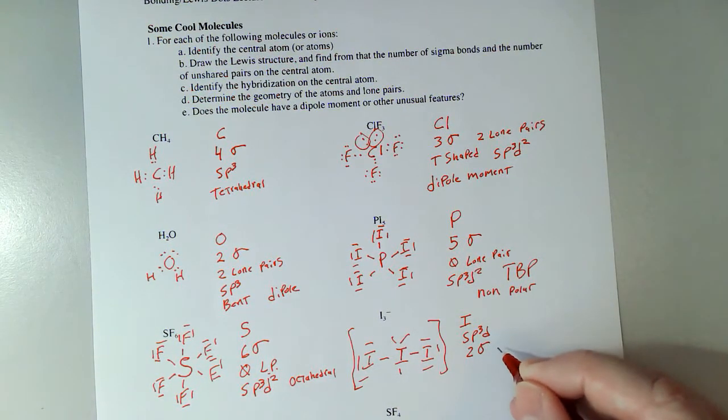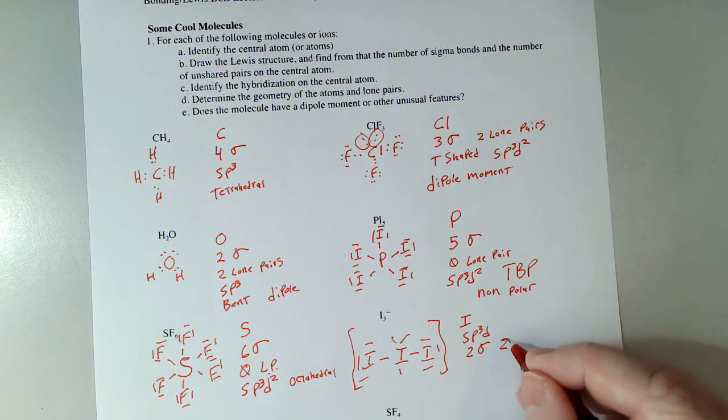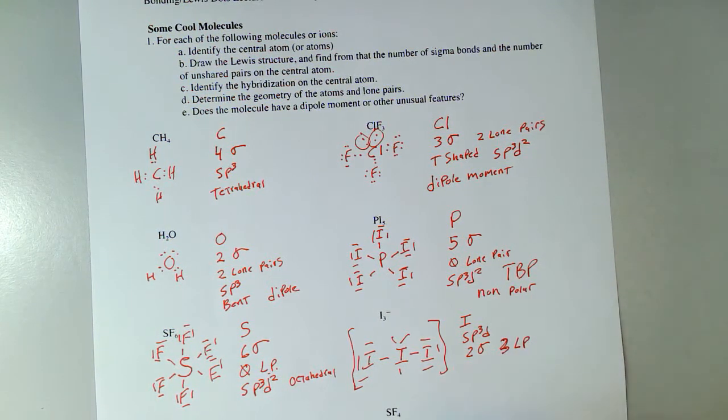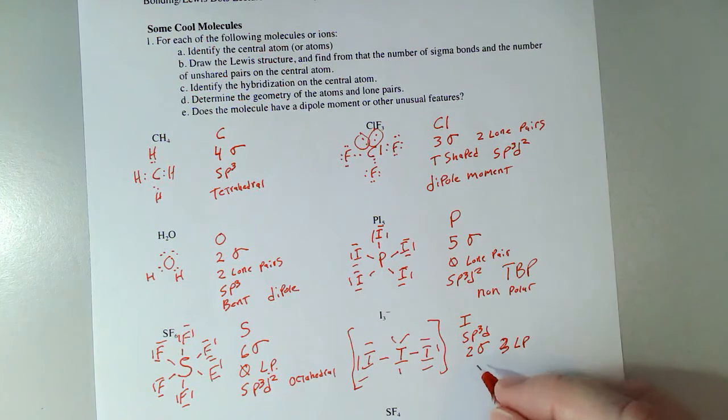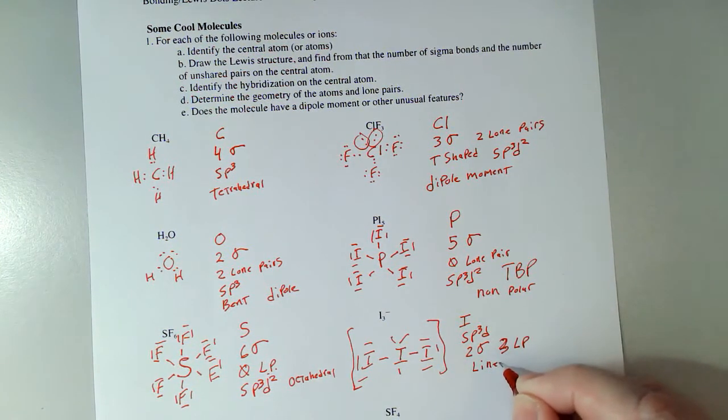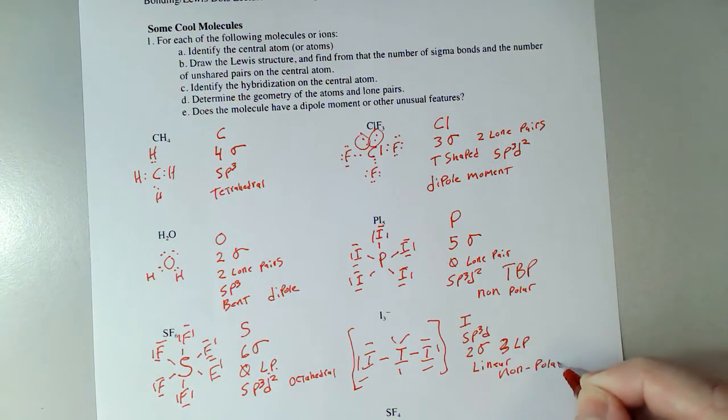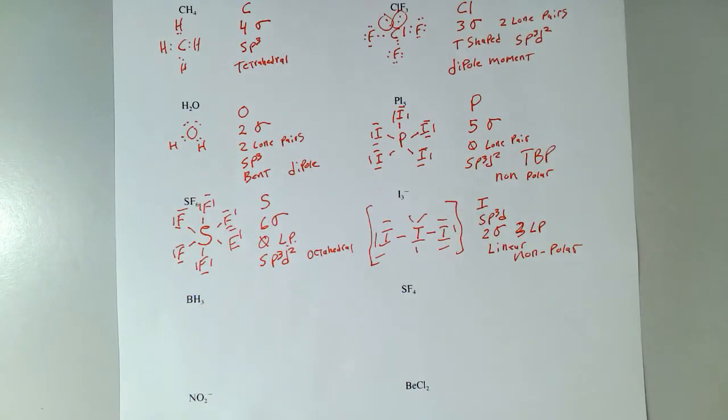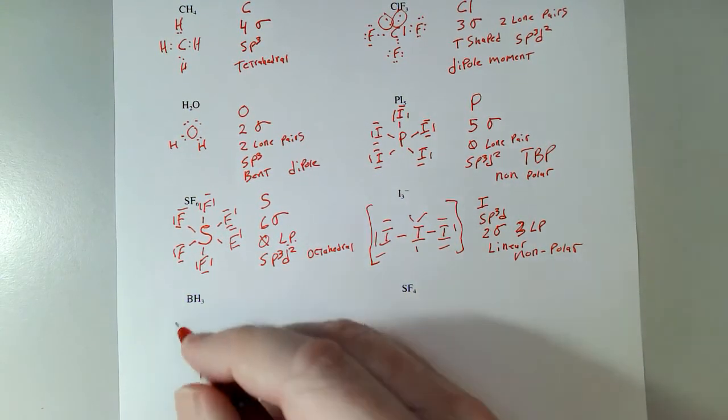It has 2 sigma bonds. It has 3 lone pairs. Okay, it's linear and nonpolar. Okay. Unusual features may be that the iodine is seen more than 8. Some people might want to list that.